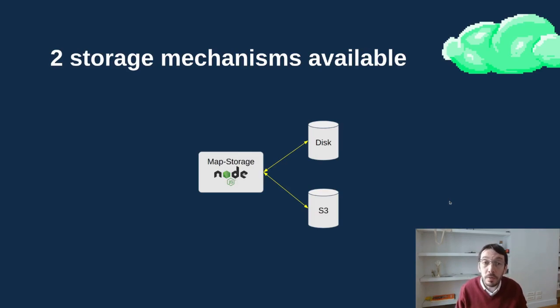It can also store files on Amazon S3 or any S3 compatible storage. There are a bunch of S3 compatible storage nowadays. If you want to store your maps on something that is more robust, you can go with S3. The disk file system should be a good default for most people, I think, really.